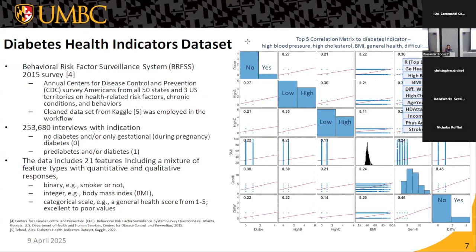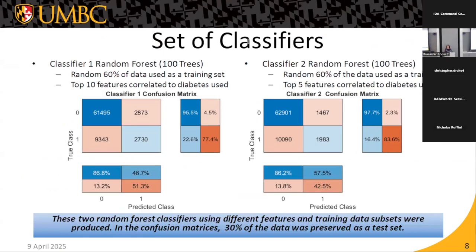Okay. So I built 2 classifiers, and these are both random forest classifiers that each had 100 trees. To build them, I did 2 individual uniform samples of 60% of the data. For classifier 1, I used the top 10 features. And for classifier 2, I used the top 5, so the ones that were plotted.